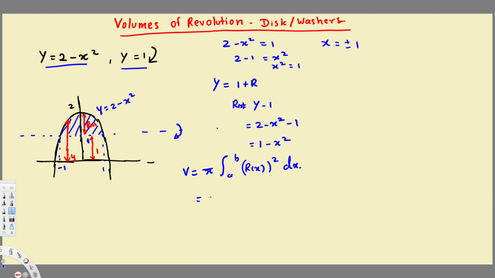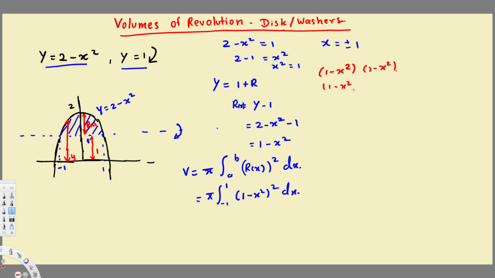So this is going to be pi going from negative 1 to positive 1, and r squared, we already found r, that's 1 minus x squared, so we can plug that in right here. This is going to be 1 minus x squared, squared, dx. So let's square this and see what we get. Let's calculate this separately. We have 1 minus x squared multiplied by 1 minus x squared, right? 1 times 1 is going to be 1, and 1 times minus x squared is minus x squared.